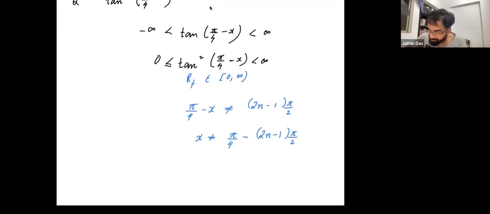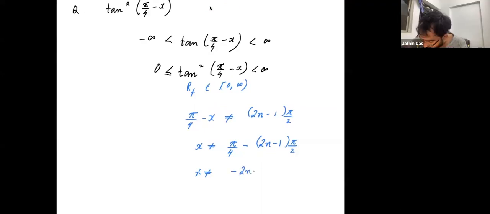So x cannot be equal to minus 2n into pi by 2, and this will become plus pi by 2. So 3 pi by 4 comes, and pi plus 3 pi by 4.